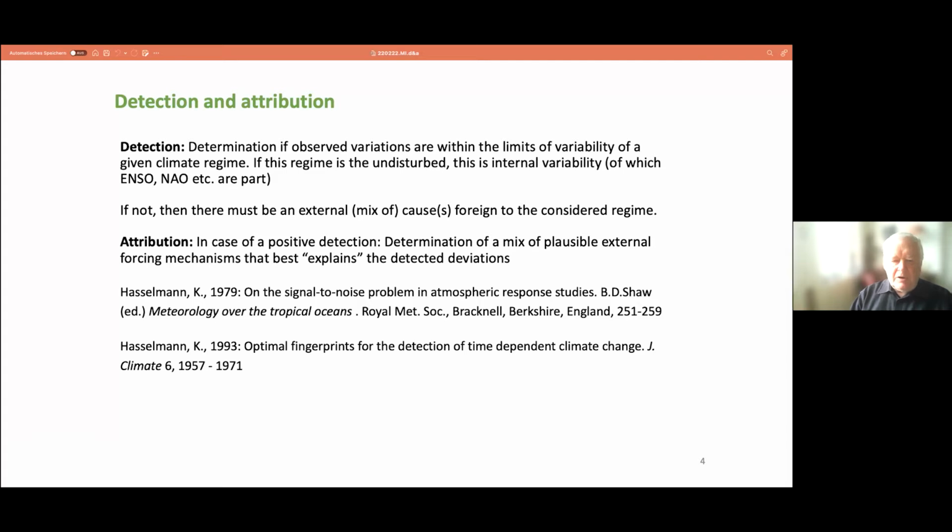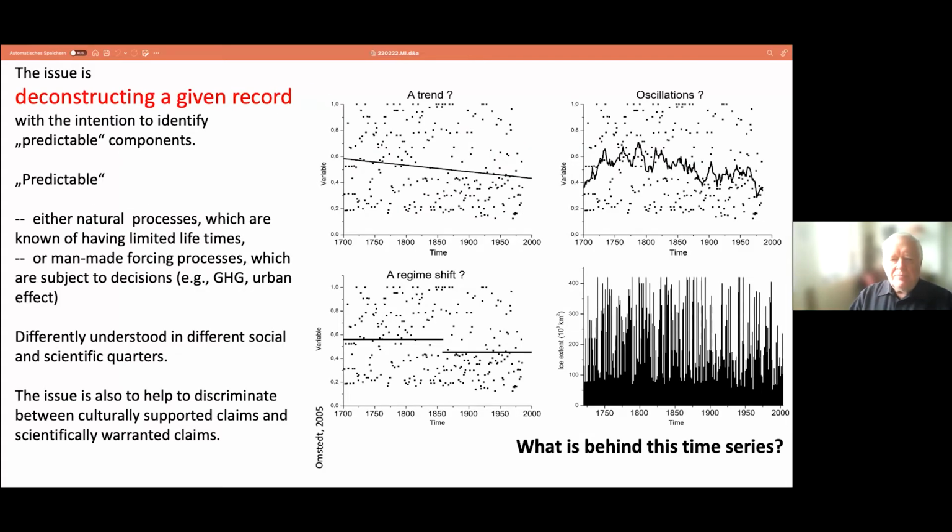These concepts were introduced by Klaus Hasselmann in two papers, one in 1979 in a somewhat obscure publication, and rather complicated and hard to understand, and in 1993 in the Journal of Climate in a really very clear and wonderful way. So if you want to read what he meant, go for the 93 paper. If you try the 79 and find it too difficult, just give up.